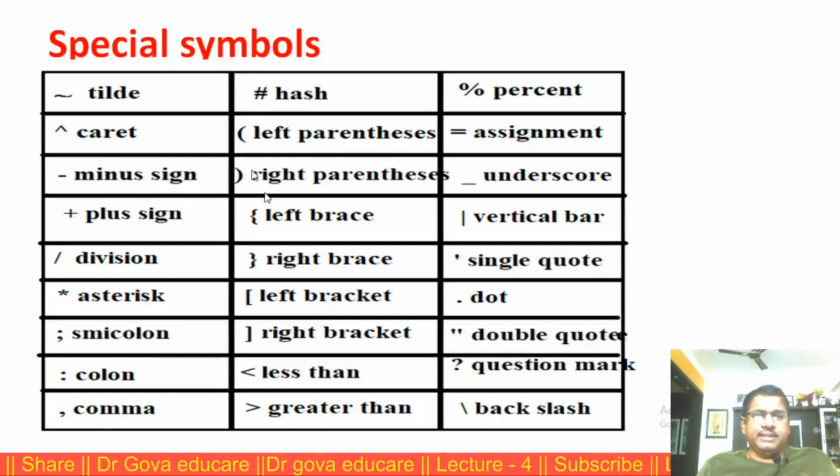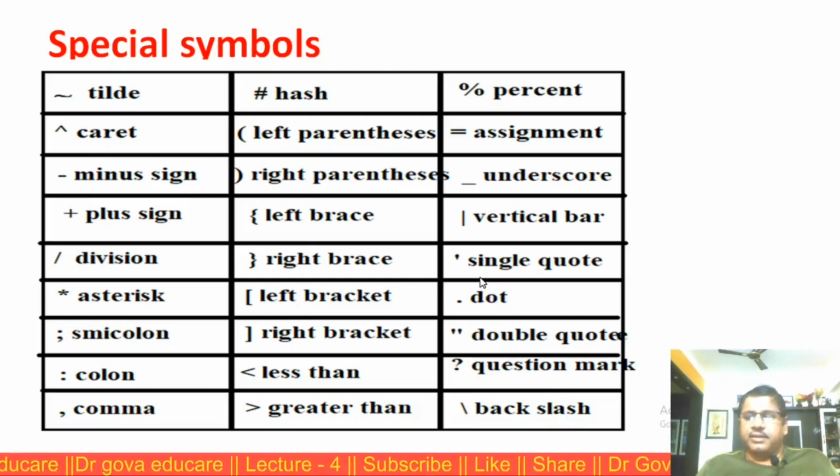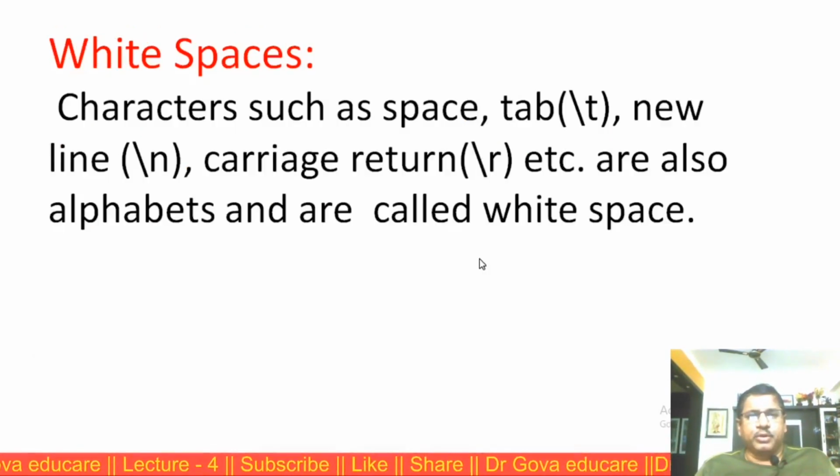Special symbols. These are the special symbols: tilde, caret, minus sign, plus sign, division, asterisk, semicolon, colon, comma, hash, left parenthesis, right parenthesis, left brace, right brace, left bracket, right bracket, less than, greater than, percent, assignment, underscore, vertical bar, single quote, dot, double quote, question mark, backslash, etc. These are all special symbols in Python programming.